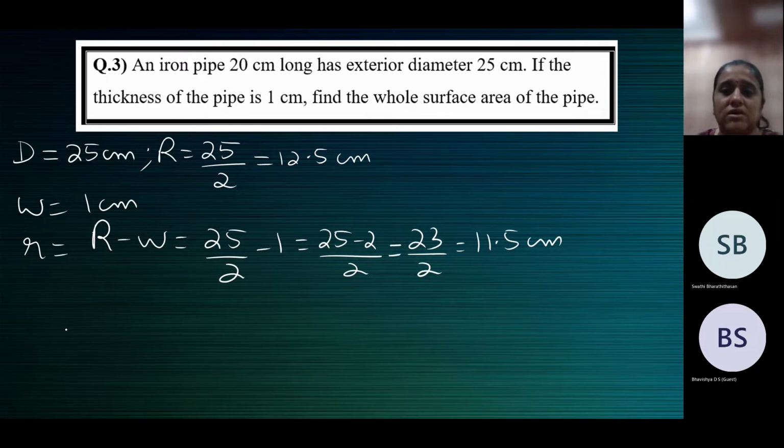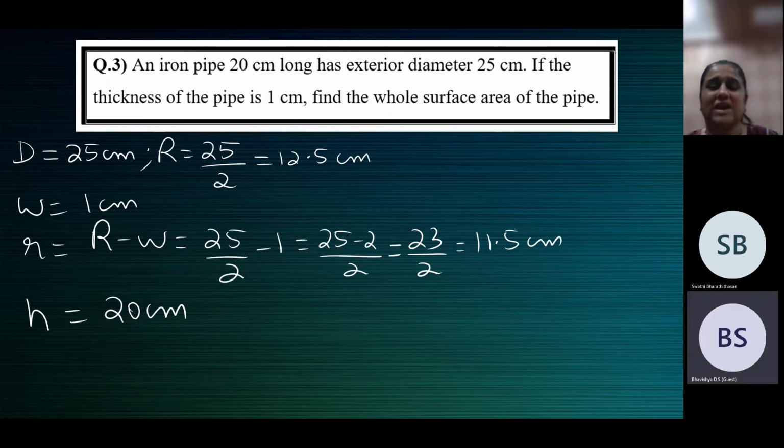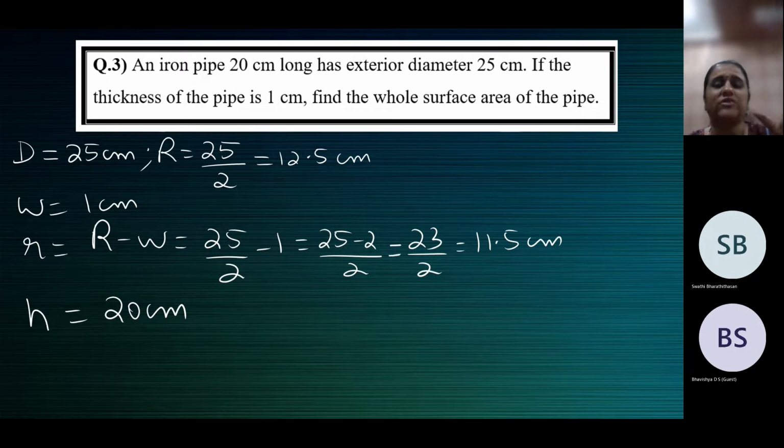Okay. Now what's the height of the pipe? 20 centimeter. The height or the length of the pipe. When it's a pipe, we don't say height, but here in the formula we have the letter H. So it's actually the length of the pipe. With a pencil or a pen, we don't say height, we say length of the pen or length of the pencil, because we normally hold it horizontally.